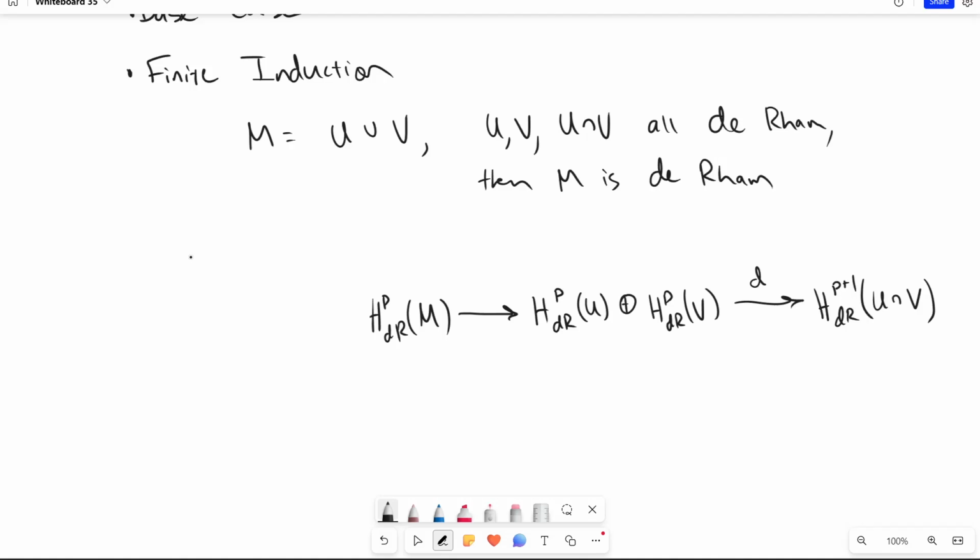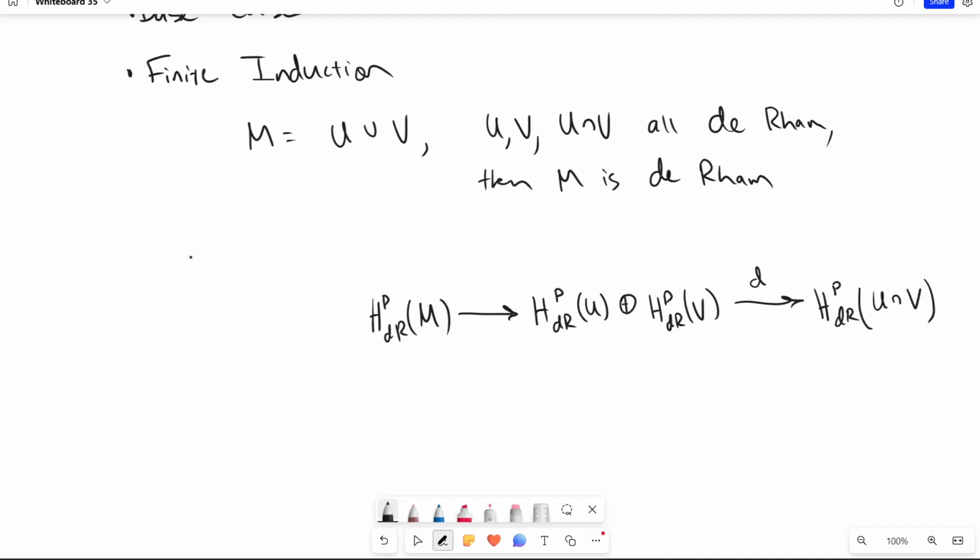I don't have this off the top of my head, but this is the Mayer-Vietoris sequence that you get, if I am not mistaken. Oh, sorry. I'm having my indices wrong. That's why I was confused.